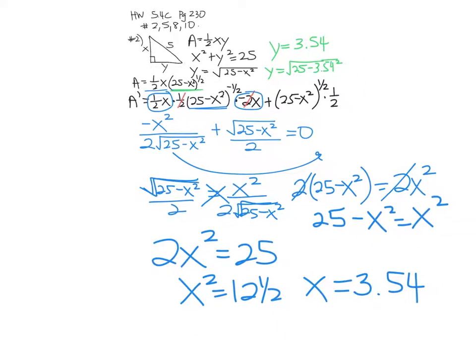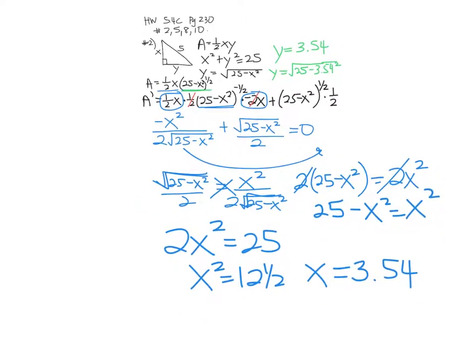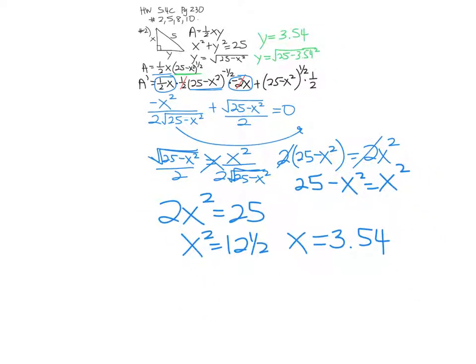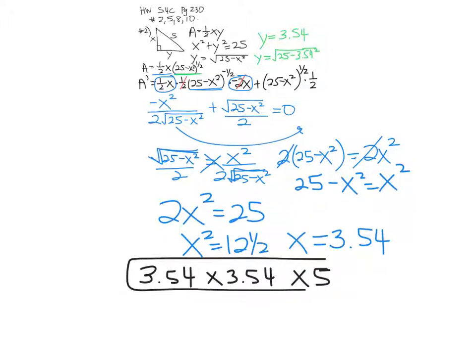So let's look back at what we need to find. So it says, what is the largest possible area and what are its dimensions? Well, the dimensions of this triangle would be 3.54 by 3.54 by 5. You don't really need to write the by 5 because I already know that that's part of it. And then the area would be 1/2 base times height.